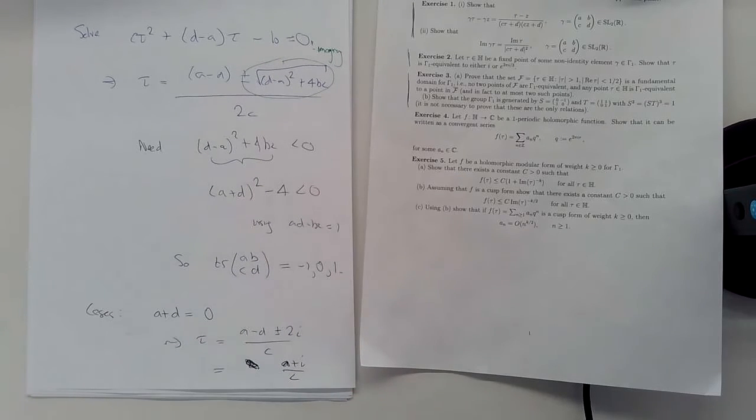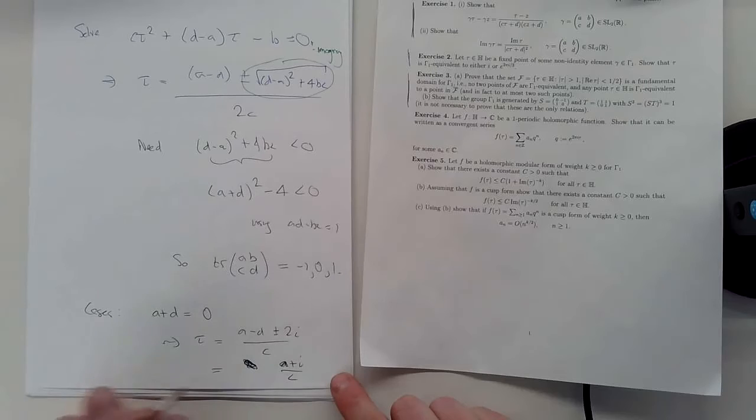Now this is where I want to cheat a little bit and say we already know that this point should be equivalent to something in the fundamental domain. So I can argue that C can't be too big, and therefore I can take C to be 1 essentially.